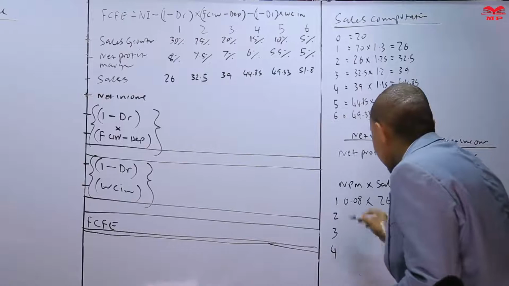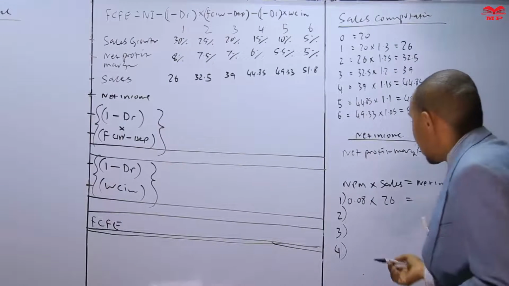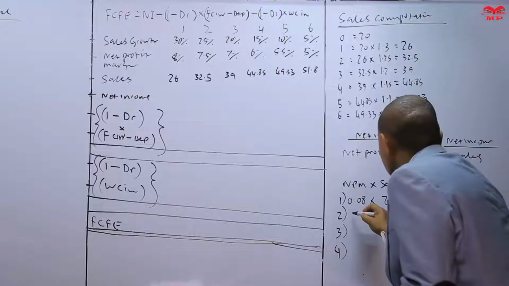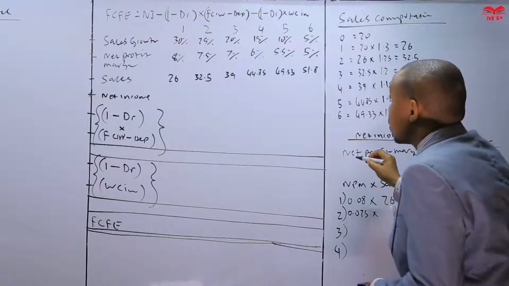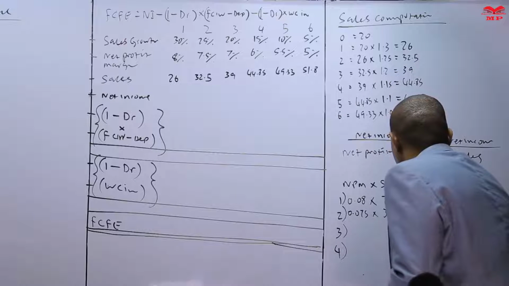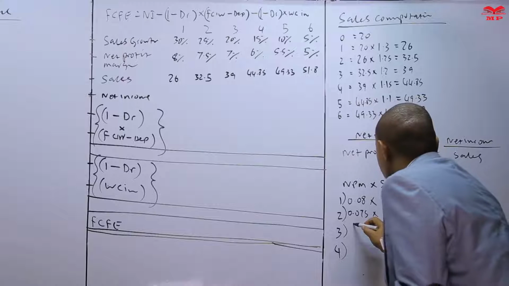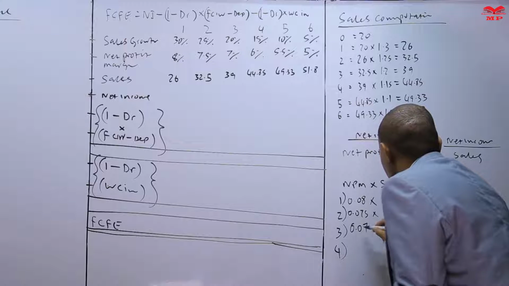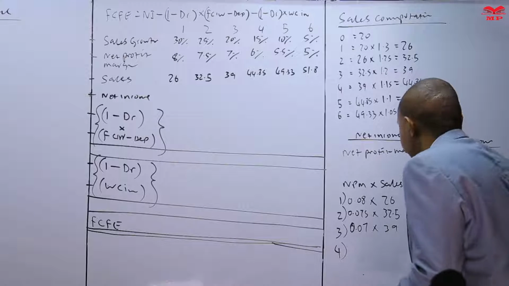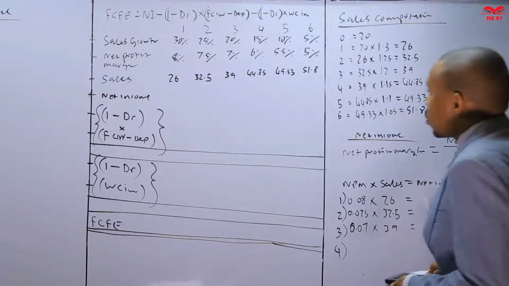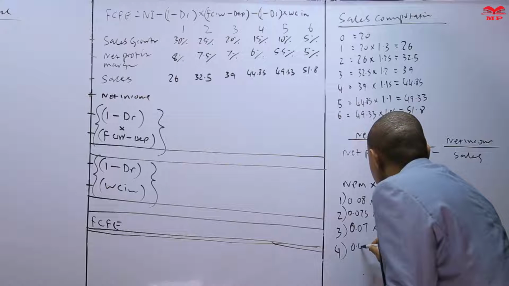So let's write the values first, then we can get the net incomes. So in net profit margin, 0.075 multiplied by 32.5. Then 0.07 multiplied by 39. Then 44.85 is multiplied by 6%.